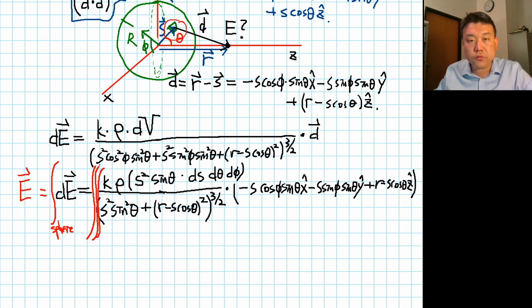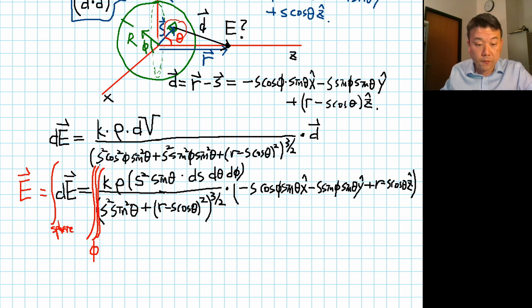I'm going to go over the integrals with respect to the other two variables in a bit, but let me first consider the integral with respect to phi. Phi is the angle along the xy plane. It goes from 0 all the way around to 2 pi.